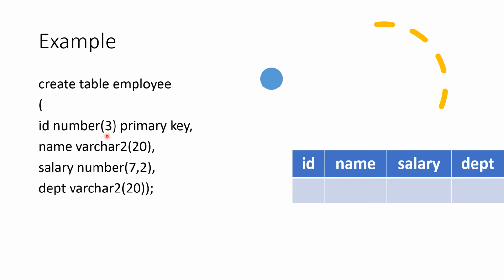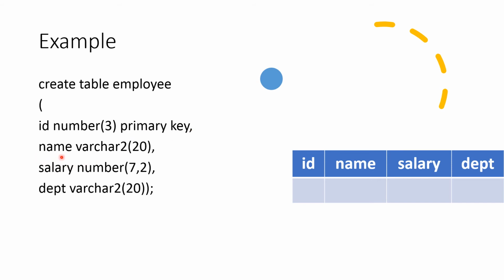Size as 3. That means maximum ID becomes 999. And the constraint I have written here, primary key. Now what do you mean by primary key? That ID column should not contain any null value and also it should not contain any repeated value. So these are the characteristics of primary key constraint.